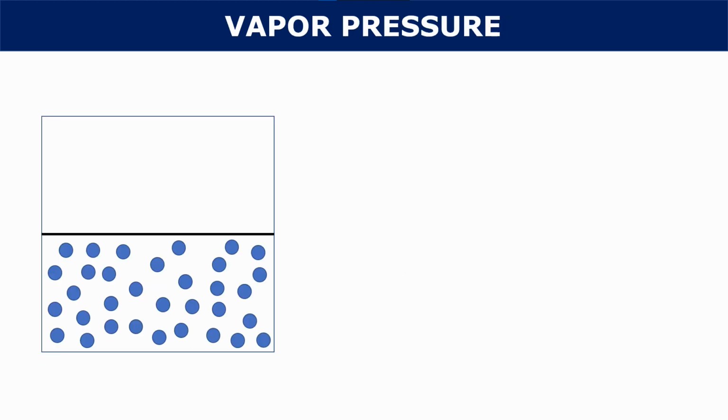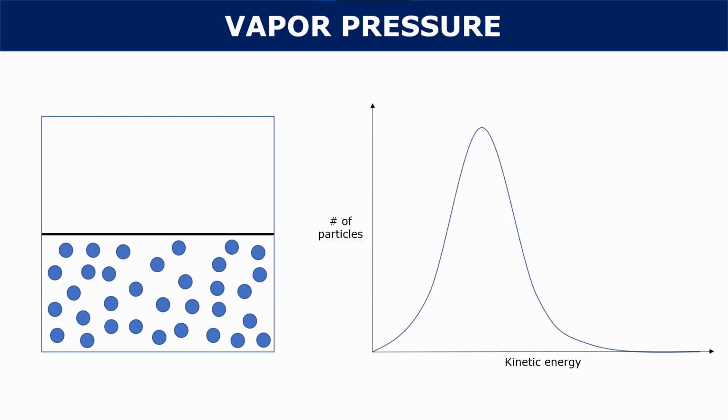So in a normal liquid, you have all of these molecules, and these molecules are all moving at relatively different speeds. Let's say their distribution of kinetic energies, how fast they're moving, is represented by this curve. Now, this curve is going to have a certain threshold.